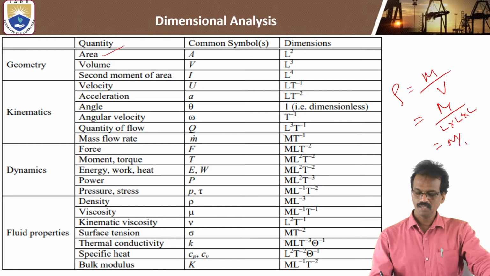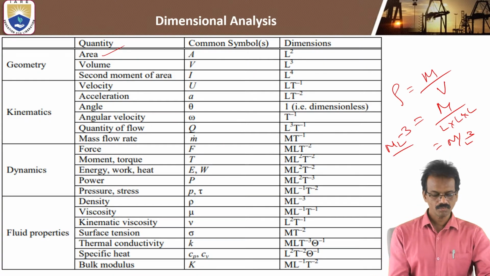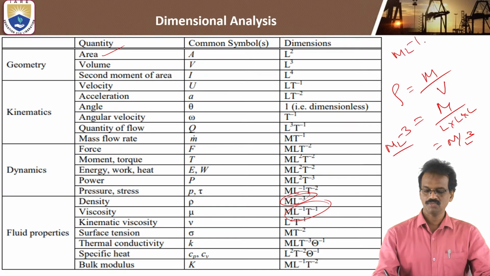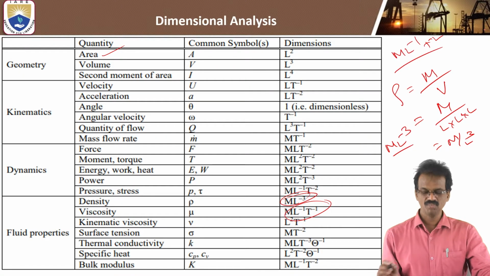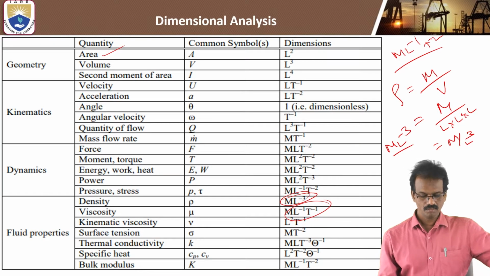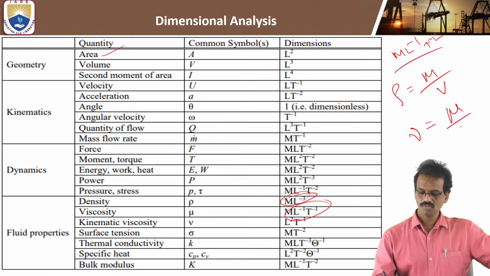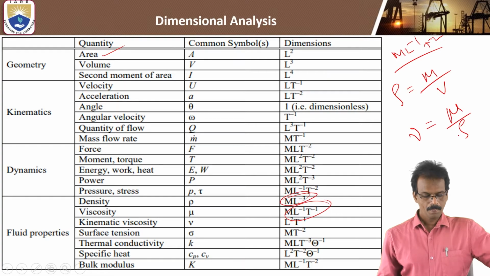So M by L cubed means ML to the power of minus 3. That is the density. Similarly viscosity is ML to the power of minus 1 T to the power of minus 1. This is the final formula; we will derive it also. Similarly kinematic viscosity is dynamic viscosity mu divided by rho, and the surface tension formula is like this.